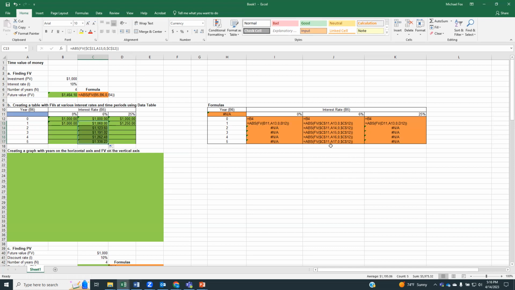And you can see it left my interest rate fixed on cell C11, which is my 6%, but it changed my number of periods so that it filled down with it. And then it left my present value fixed on cell C12. And that's so much faster, right?